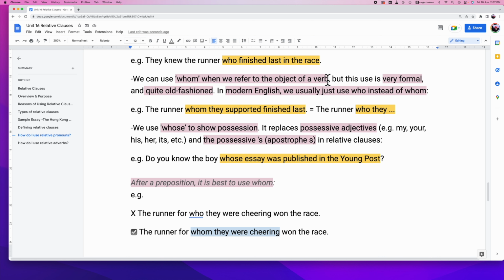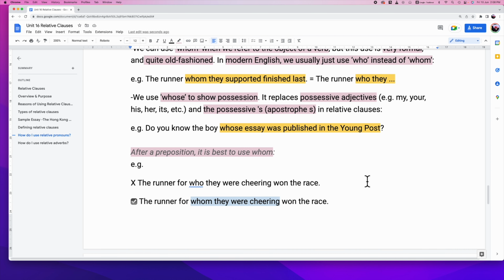But this is rather formal or quite old-fashioned. In modern English, we simply use the word who instead of whom. The example: the runner whom they supported finished last, or the runner who they supported finished last.